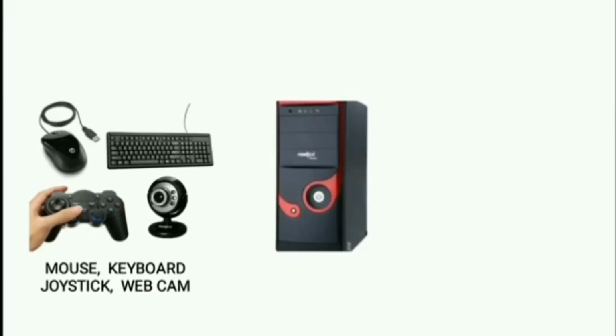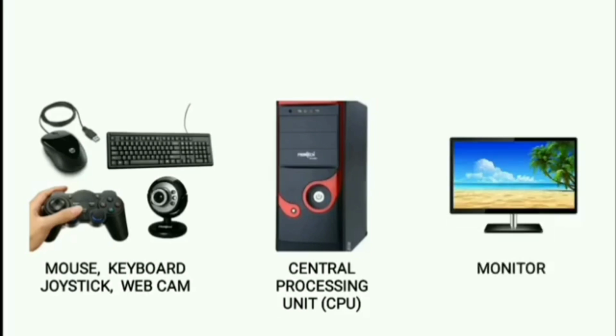Now these devices are a mouse, keyboard, joystick, and a webcam. Now, here I have another image which is a CPU, Central Processing Unit. And lastly, I have an image here which is that of a monitor.